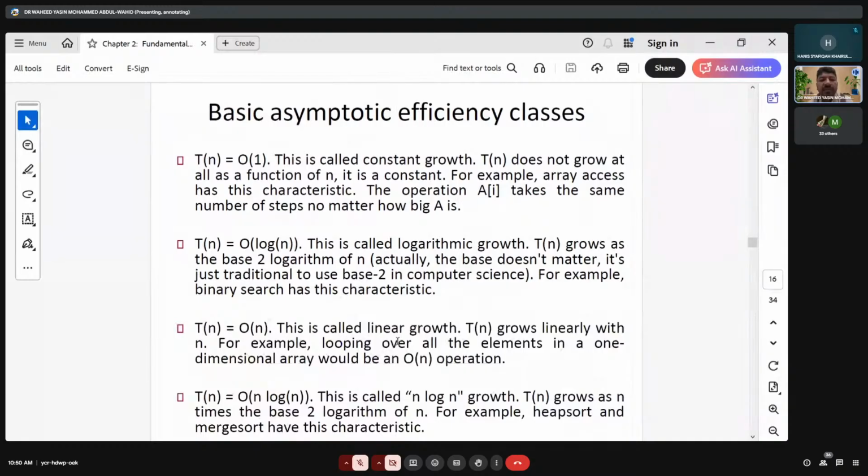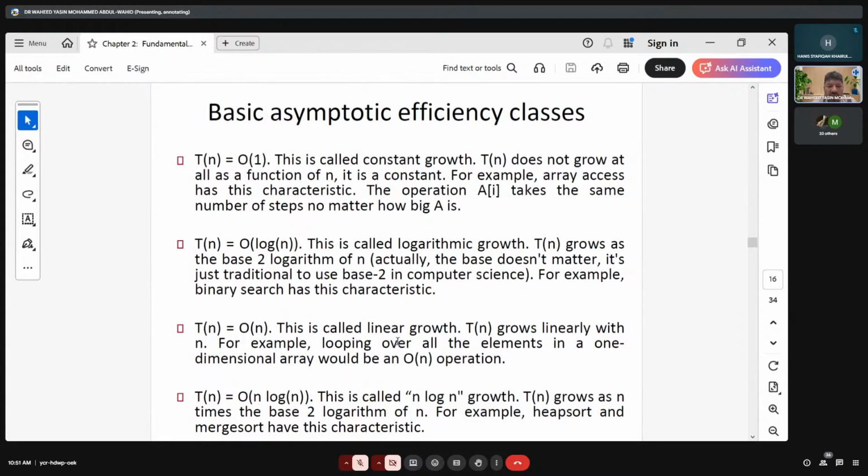So here O(log n) is the characteristic of binary search. Here you have O(1), O(log n) and O(n). O(n) is called linear growth. T(n) grows linearly with n. For example, looping over all the elements in a one-dimensional array would be an O(n) operation.